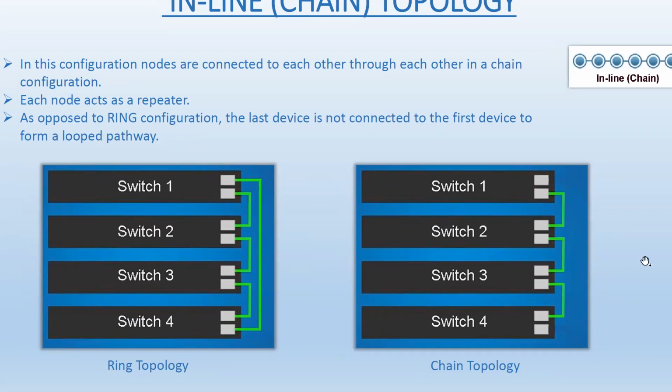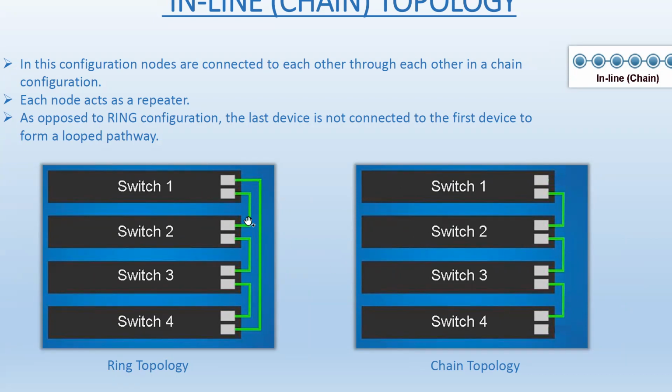Where can you find those? Quite often in industry, when there are control modules that are controlling certain machines, and they are just being connected from one machine to another in a chain topology. Now, the difference between these switch assemblies: here are 4 switches and here are 4 switches.